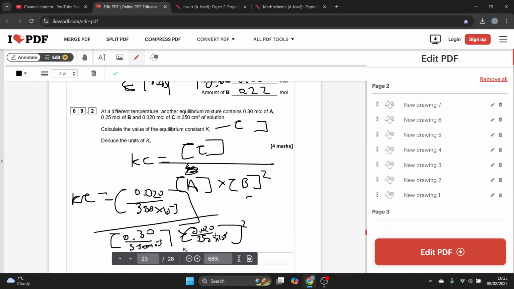Okay, something's gone wrong. Why did I write 0.020 here? That's 0.025. I must have misplaced it. 0.025, and I get 0.25.